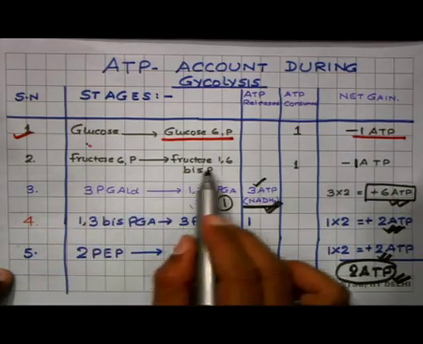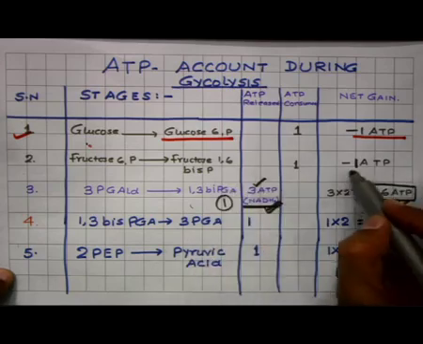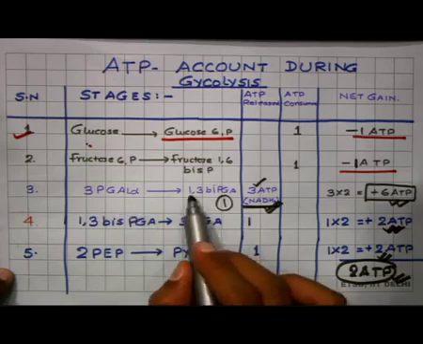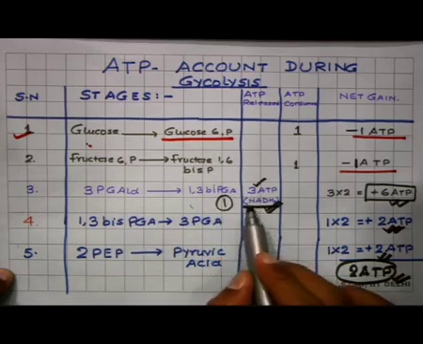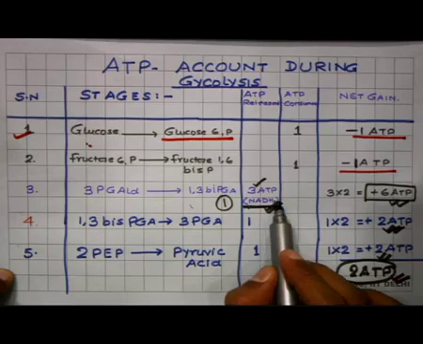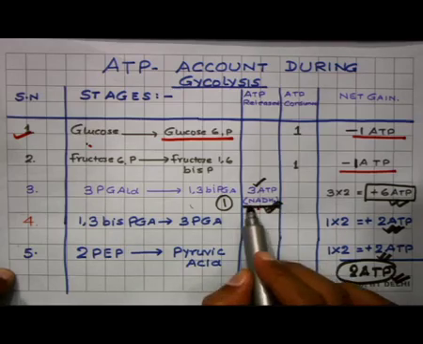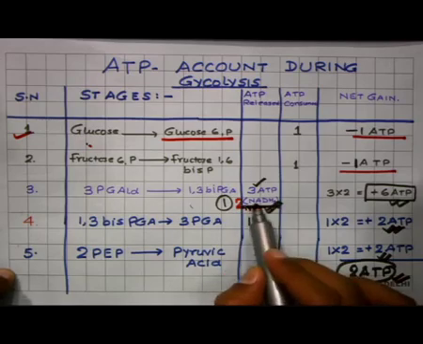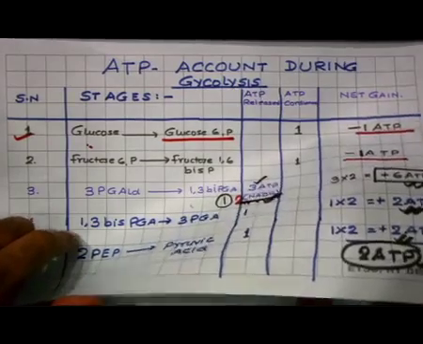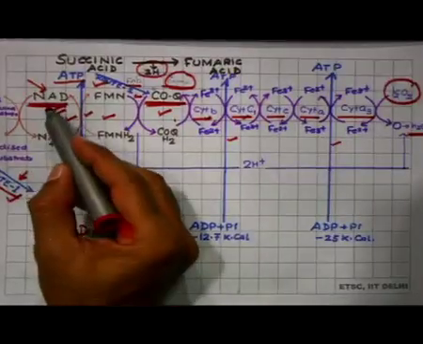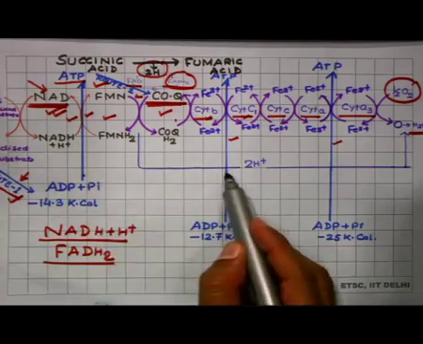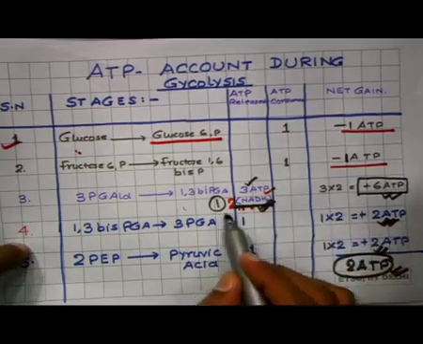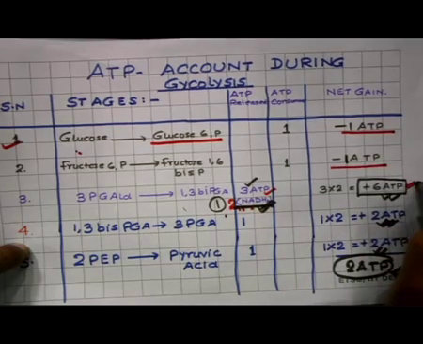When fructose 6 phosphate goes to fructose 1,6 diphosphate, there is a loss of 1 ATP. 3 phosphoglyceraldehyde, 3 PGA, forms NADH2, and here 2 molecules of NADH2 are formed. 1 NADH2 gives 3 ATP, so 2 molecules give 6 ATP here.